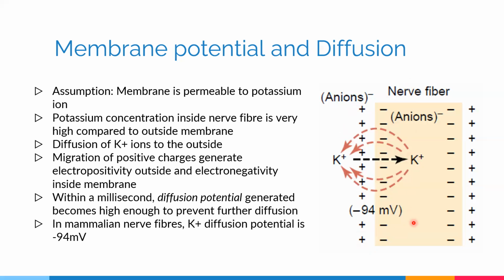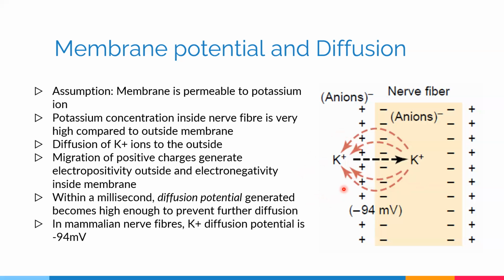This is very important, as we can see that after some time, this positive charge on the outside of the membrane will try to push potassium ions from the outside to the inside of the membrane again. That is against the diffusion gradient. This is because of the electrostatic force being applied on the potassium ion. As the outside of the cell membrane is more positive, potassium ions are pushed into the cell through the cell membrane.